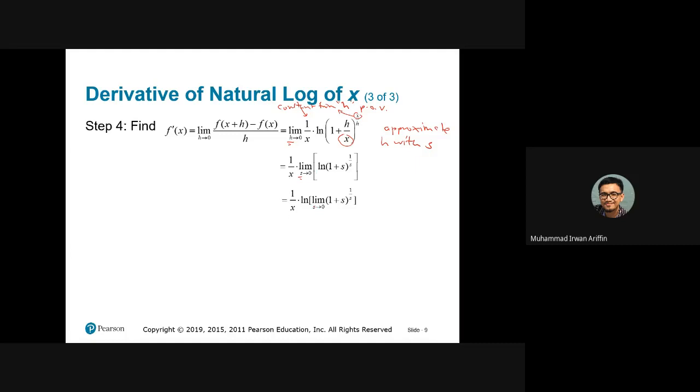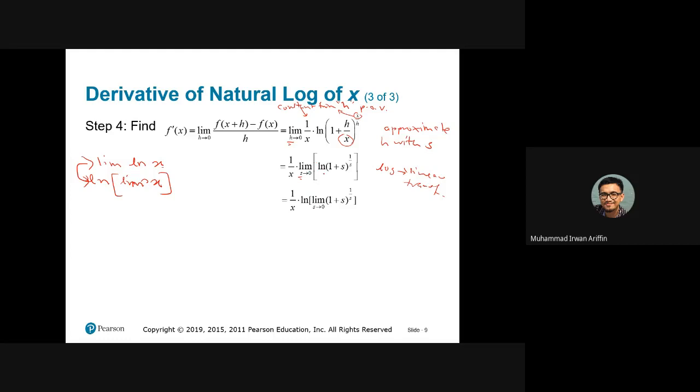as S approaches 0, this logarithm is simply a linear transformation, right? Log is simply a linear transformation. So we can basically take it out, because the limit of log of x is equal to log of the limit of x.